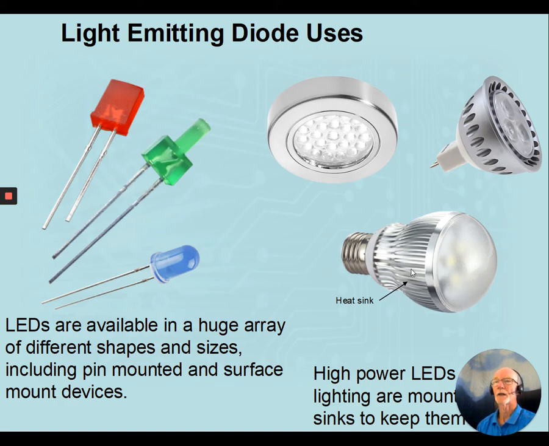Typically the junction gets up to about 400 degrees Celsius, although the piece of silicon that glows is only about 1 millimeter square, it still needs some sort of heat sink on it to keep it cool, because they don't like excessive heat.